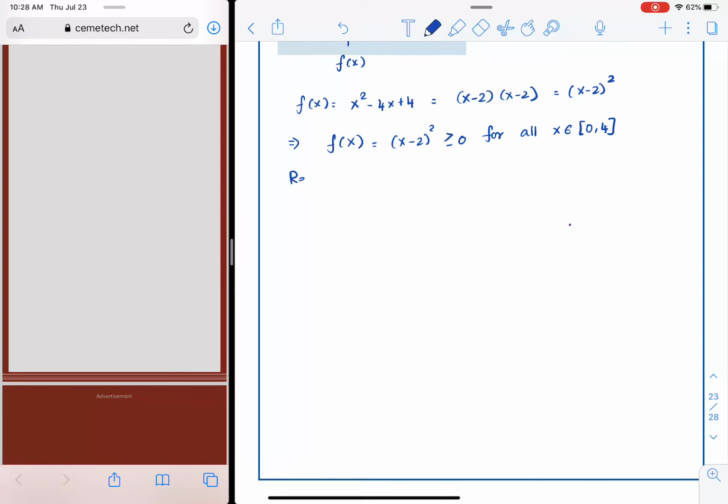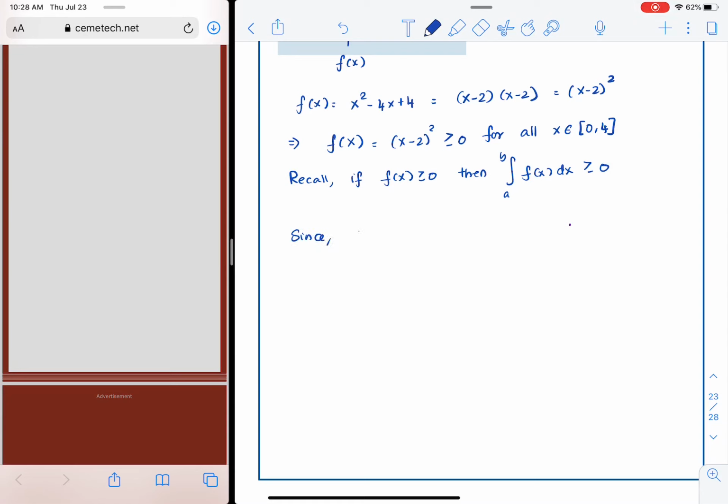Recall the property: if f(x) is greater than or equal to 0, then the integral from a to b of f(x) dx has to be greater than or equal to 0.